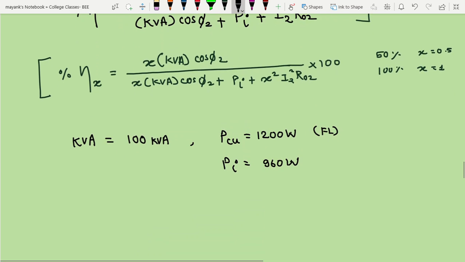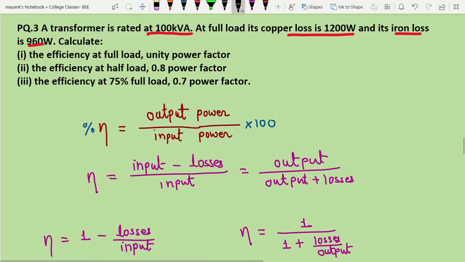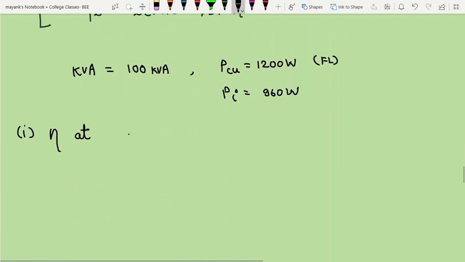So bit number 1 asks you efficiency at unity power factor and full load. So power factor, that means cos phi 2 is unity, that means 1, and full load means x is 100%.